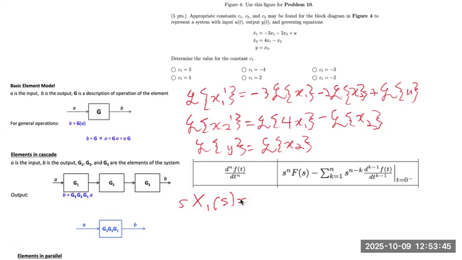So this is just equal to -3 x1(s), and then -2 x2(s) plus u(s).